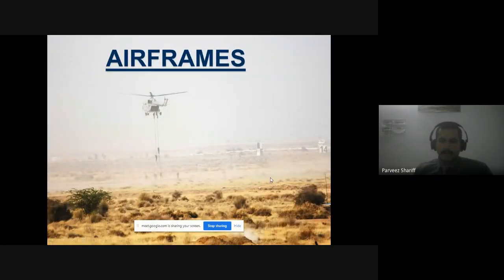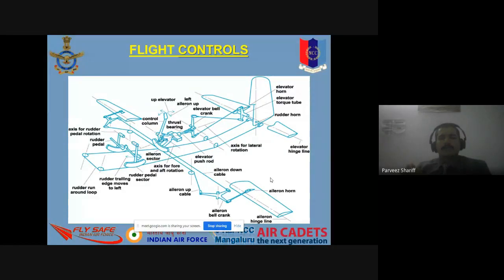We'll talk about the airframes. Airframe is nothing but the structure of the aircraft which it forms. This is the internal structure, all the connections that are connected internally with the help of physical cable, or electrical wires, or optical fiber. All these connections are shown in this diagram.